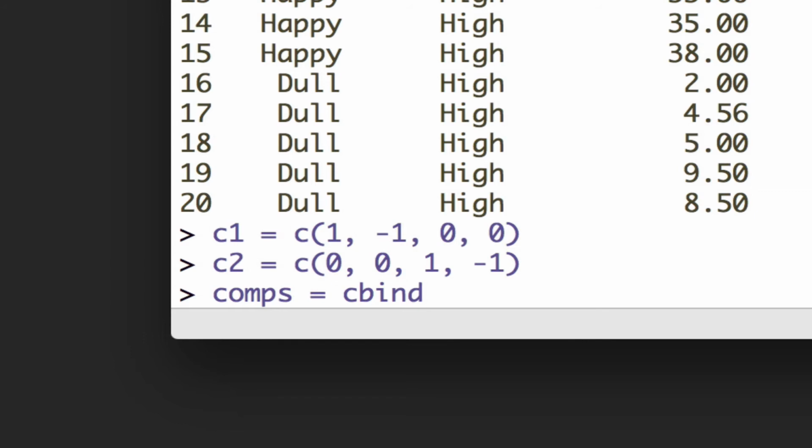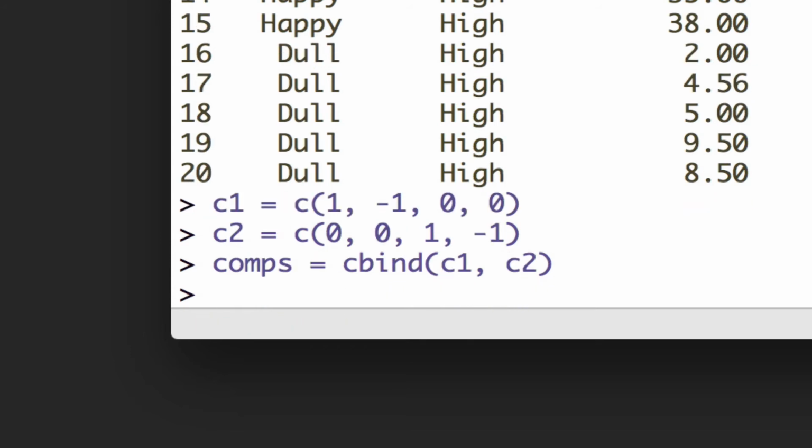That means bind each of these individual vectors that I'm going to give you into a matrix, and a vector is just a line of numbers. So bind two lines, C1 and C2.